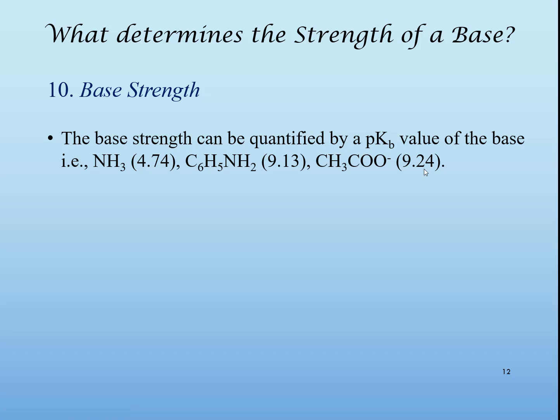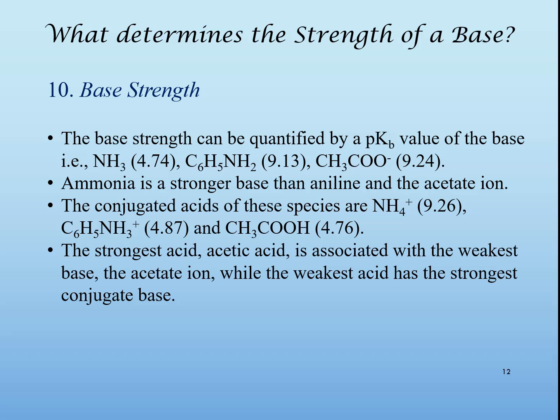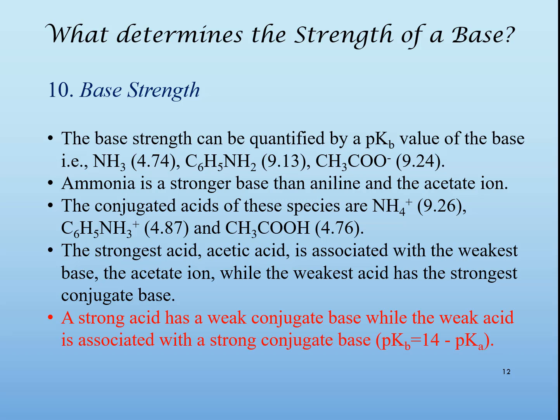In order to assess that, we're going to look at the pKa values of the conjugate acids, and this shows that the ammonium ion is the weakest acid and acetic acid is the strongest acid of these three conjugate acids. As a result, we see that the strongest acid is associated with the weakest conjugate base and vice versa. This is a general trend.